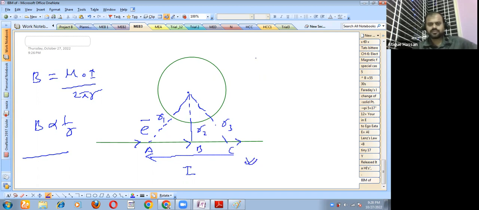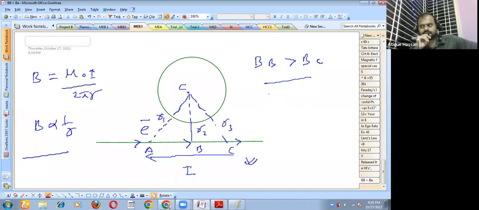The magnetic field at B will be more than the magnetic field at C, because point B is closer to the center. So when the electron moves from B to C, obviously the magnetic field is decreasing.